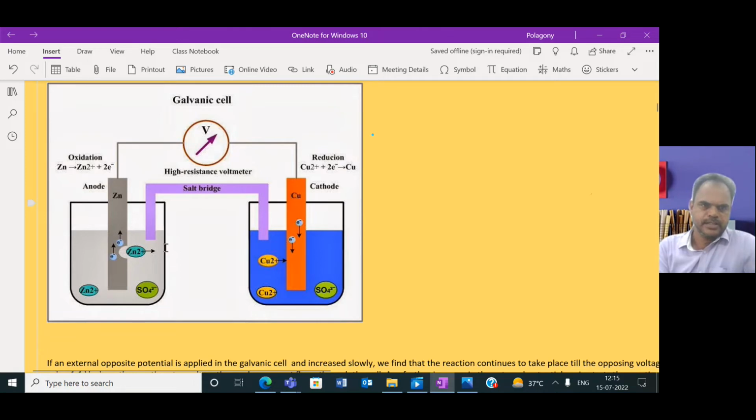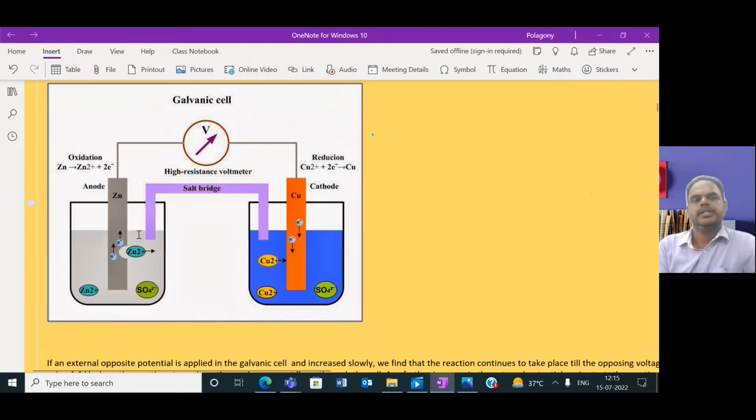On the left-hand side, one half cell is taken. In this half cell, for example, zinc is taken as the anode, and this zinc metal strip is placed in zinc sulfate solution.